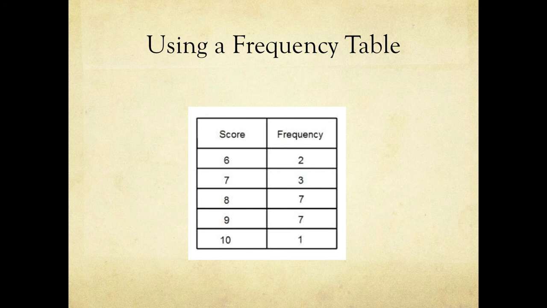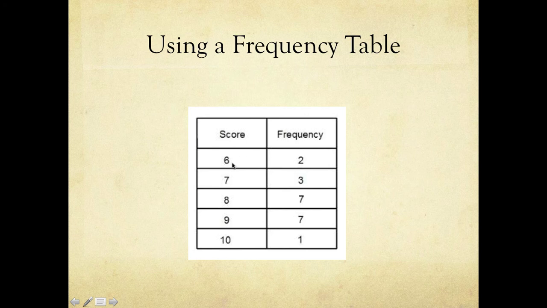So one thing that you'll see a decent amount in statistics is you're not going to see a long string of data where you have 5 sixes and you list out all 5 of those 6s. You're going to see the data represented in a frequency table. So for example, in this set of data, we had 2 6s.